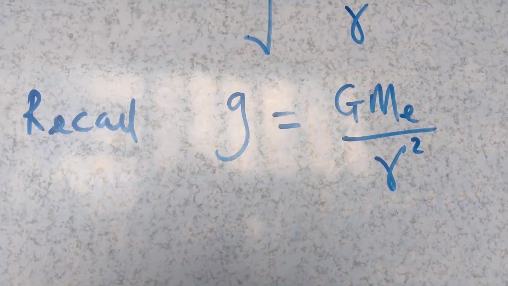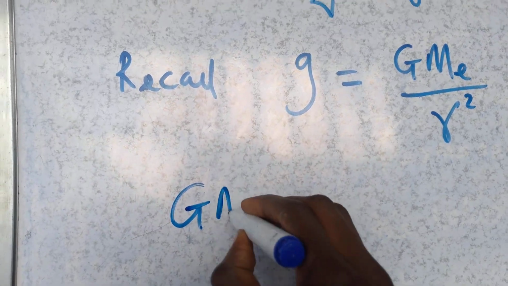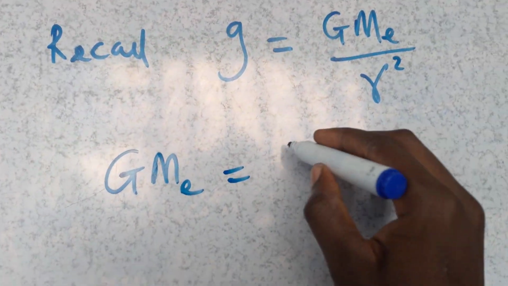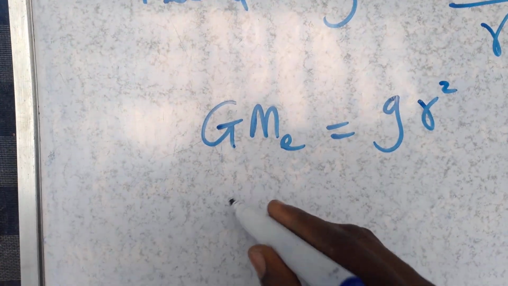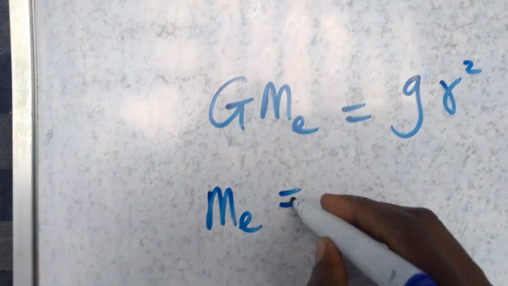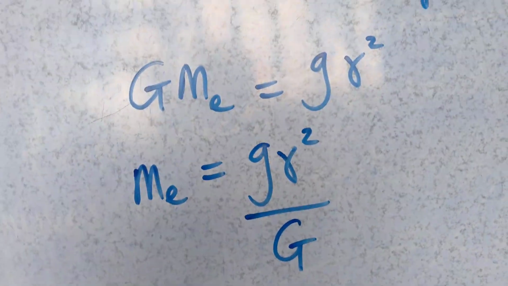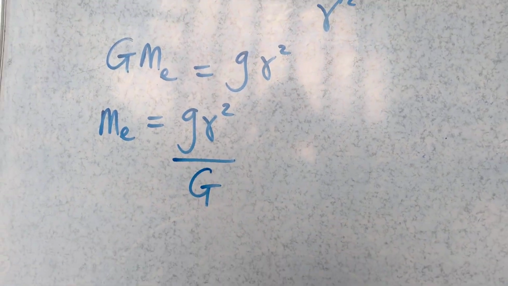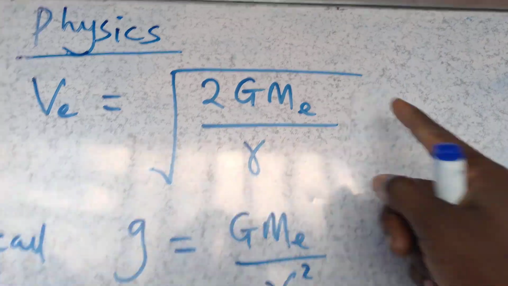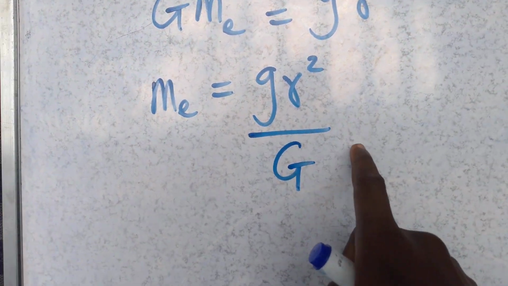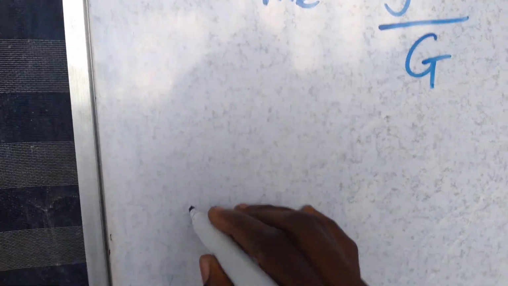If I cross multiply now, we have G Me equals g r square. Divide by the coefficient of Me, I have that Me will be equal to g r square divided by G. So Me is this, and I can substitute into this equation.